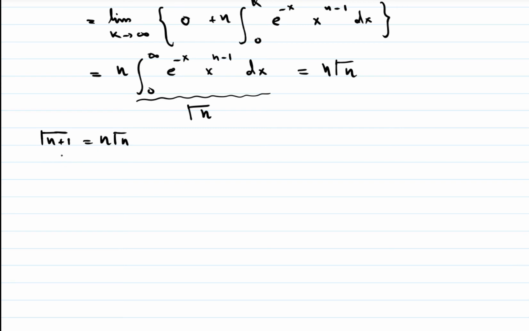Say, for example, you're given 6. What is the gamma of 6? Right, now if you're given gamma of 6, it means that our n in this case is equal to 5, so it's 5 plus 1 to be 6. So this is going to be equal to 5 into gamma of 5.